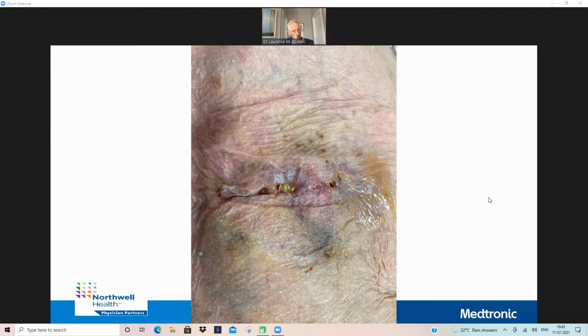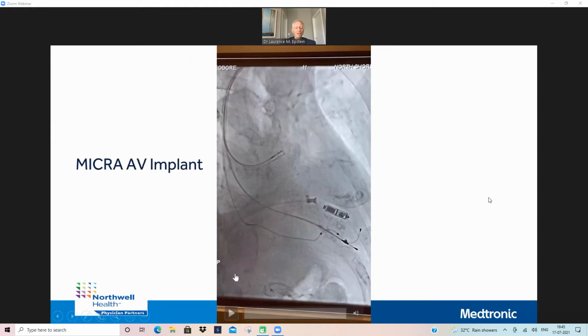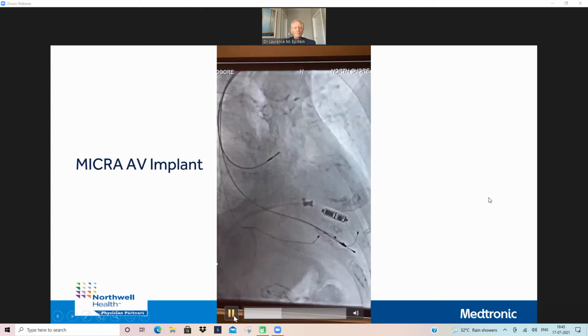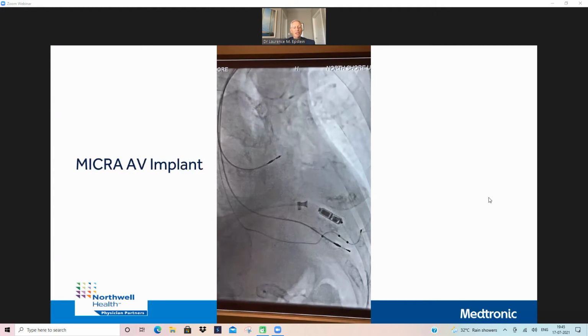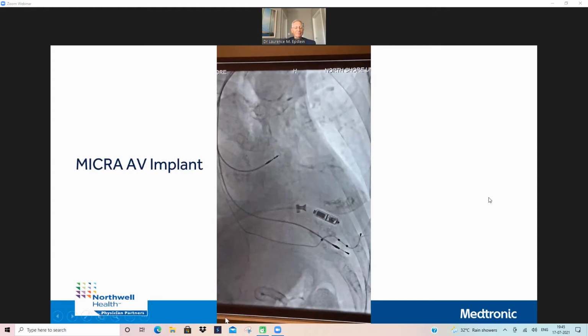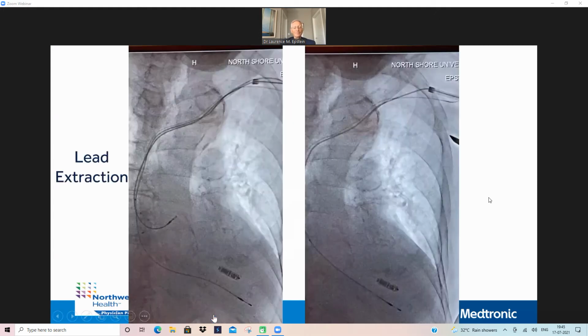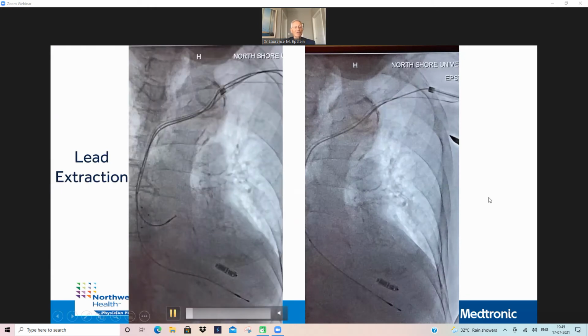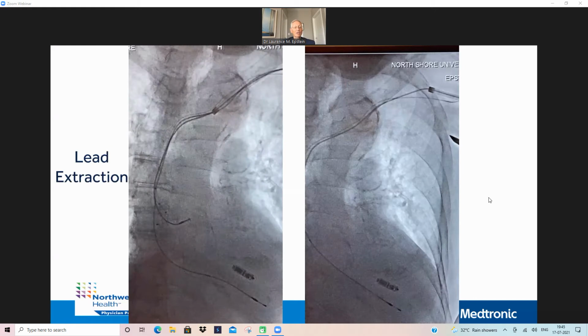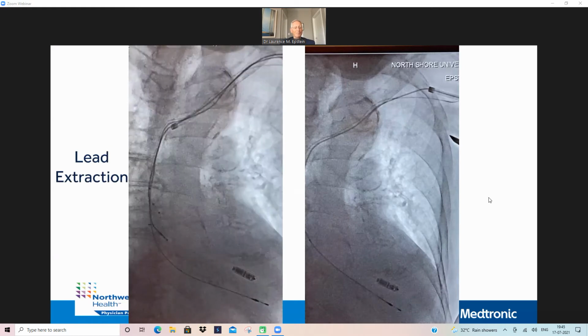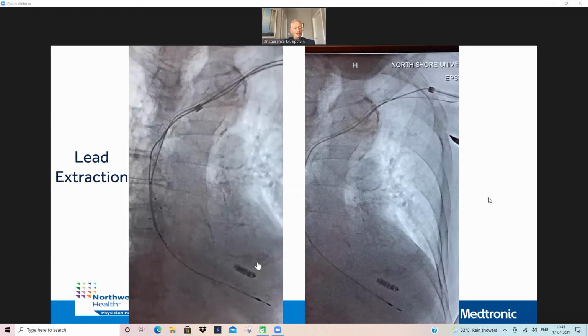Next slide. So here you can see the Micra AV being put in place. We had a nice septal location. And then next slide. You can see in him, this is a laser sheath, but once we freed them up top, the leads came out fairly easily.